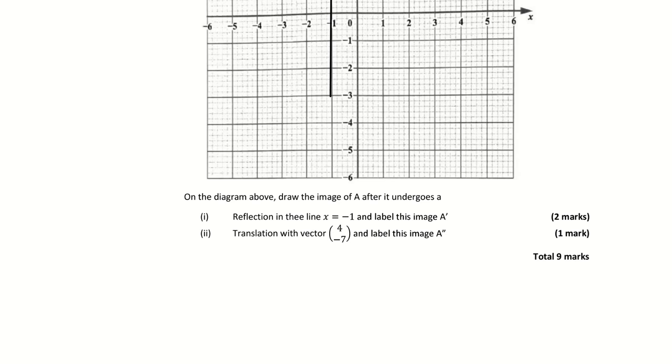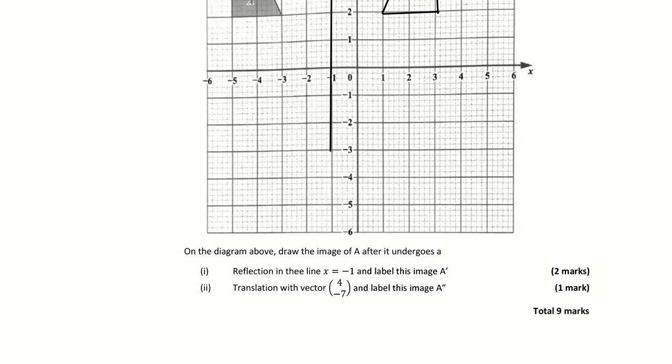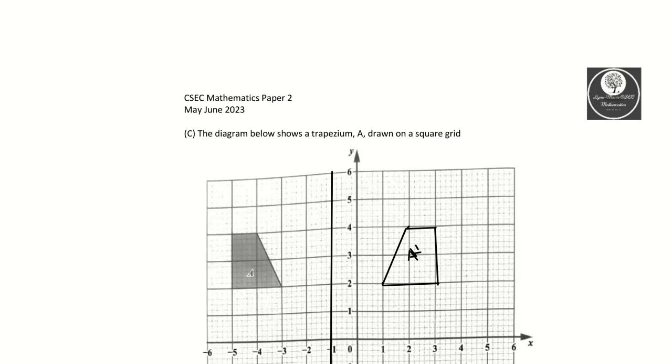Then they want the second image. So they're telling you that this image underwent a translation of 4 units along the x-axis and minus 7 units along the y-axis. So 4 units. I'll do it in a different color. 1, 2, 3, 4. And then, hold on, 1, 2, 3, 4.